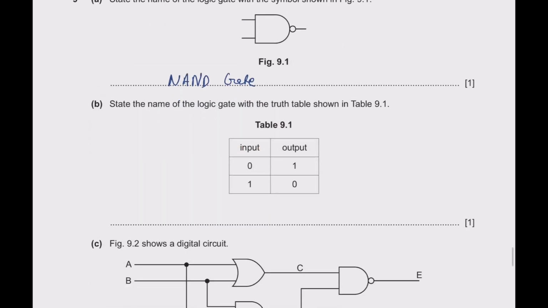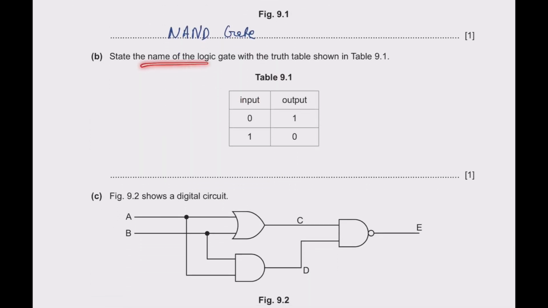State the name of the logic gate with the truth table in 9.1. If the input is 0, I get the output as 1, and if the input is 1, I get the output as 0. So that is the invert, and the invert is done by the NOT gate. That is the simple truth table.